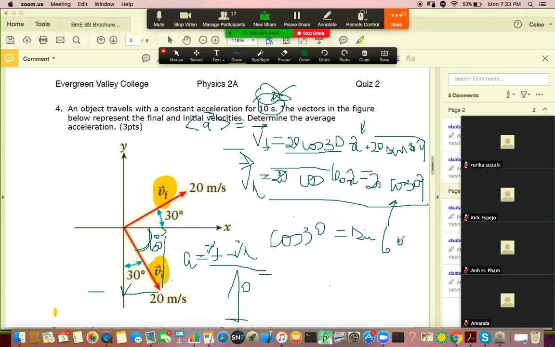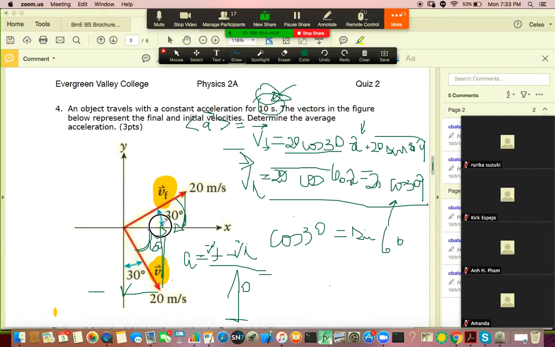So when you project a vector onto some axis, if you know the angle between the vector and the axis, it's cosine of that angle, because you are pretty much targeting the adjacent side of that angle.